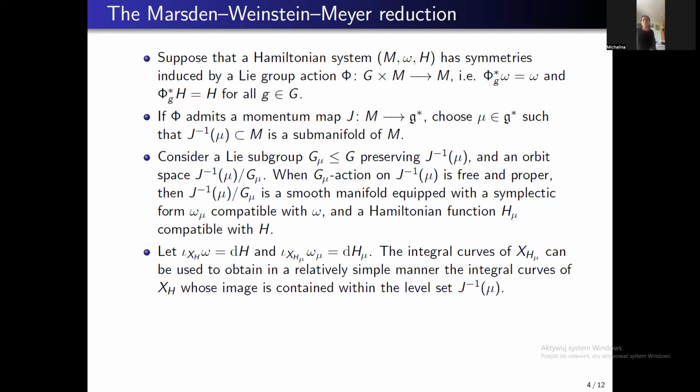Now we can consider the Hamiltonian vector field X_H on our initial manifold, and also the Hamiltonian vector field X_H_mu on the reduced manifold. It turns out that the integral curves of X_H_mu can be used to obtain in a simple manner the integral curves of the vector field X_H, whose image will be contained within this level set of the momentum map.